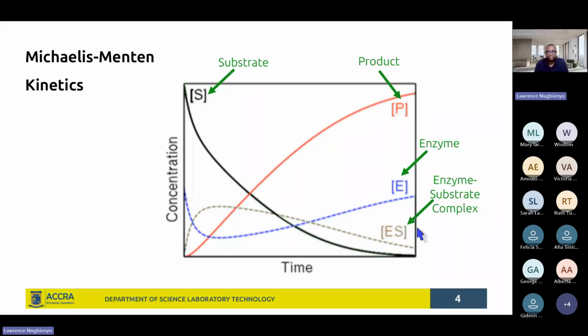Now, if you compare what they did to Henry Victor, they considered some other things, like the formation of the enzyme substrate complex and the concentrations of the enzyme and the enzyme substrate complex, the different stages of the reaction, which Victor Henry didn't consider.